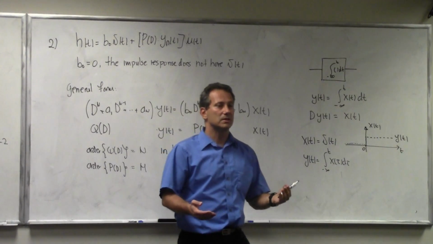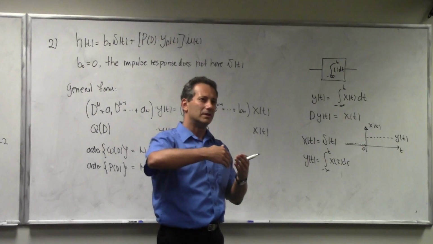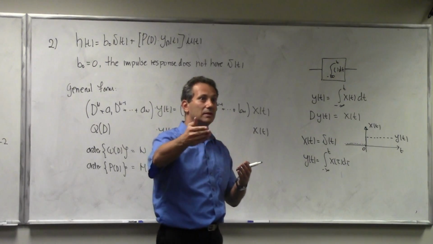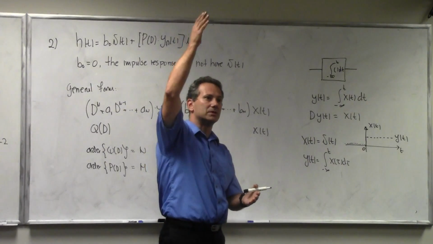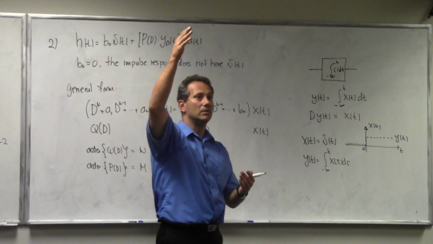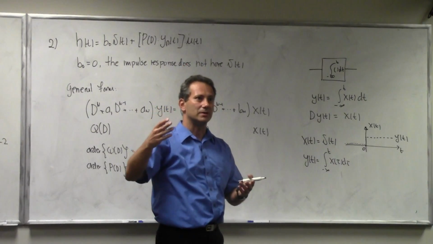You have some systems which have low inertia, right? And that means they almost connect input and output. And when you hit those with impulses, you're going to get impulses in the output. Even more than that, you can get derivatives of an impulse, right?